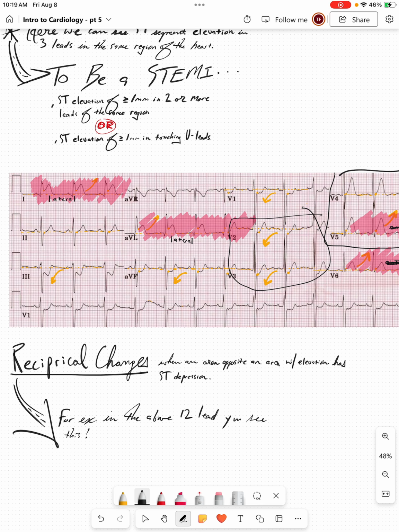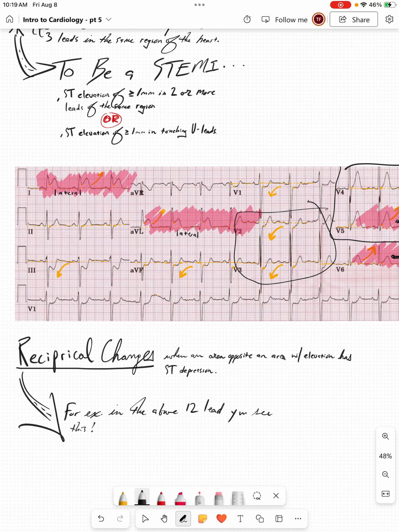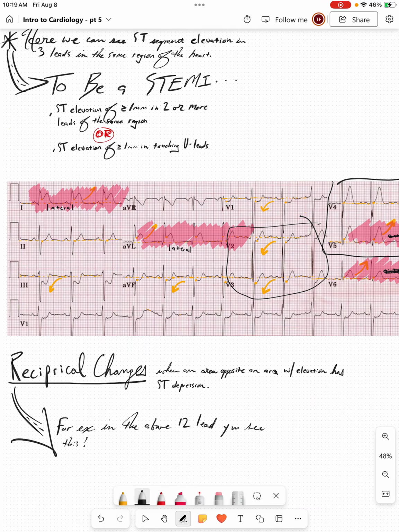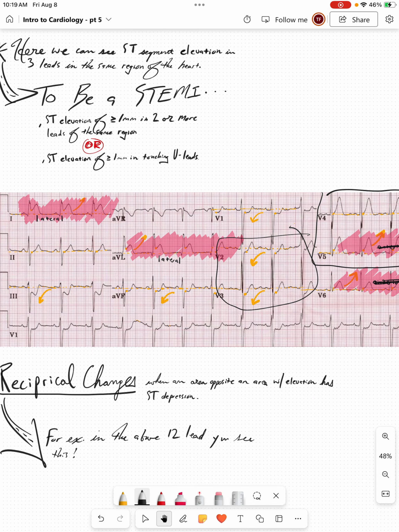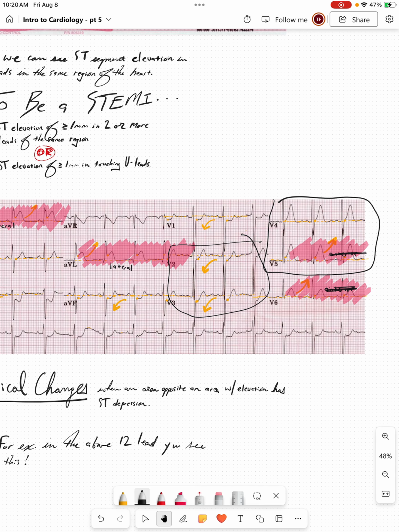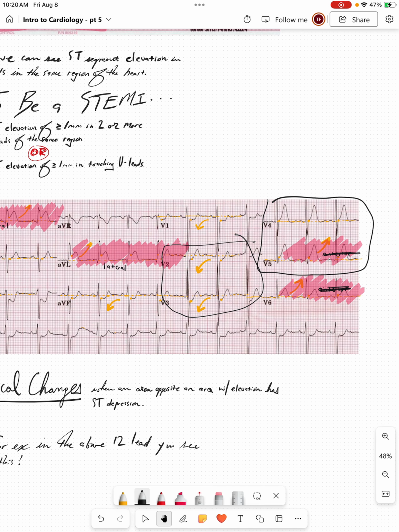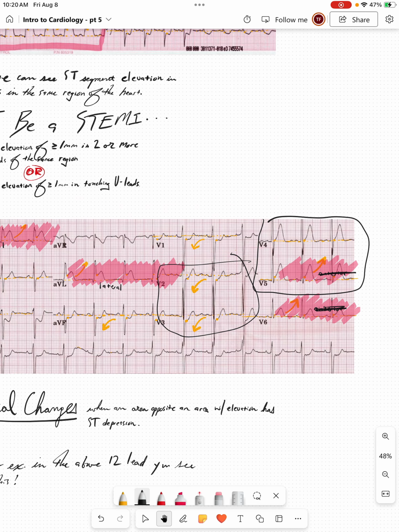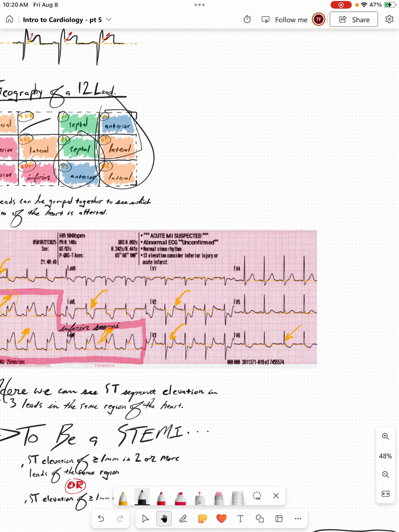Let's talk about reciprocal changes. And this is when an area opposite an area with elevation has ST depression. So, for example, in this 12 lead above, you do see this. I have elevation in the anterior leads and the lateral leads.